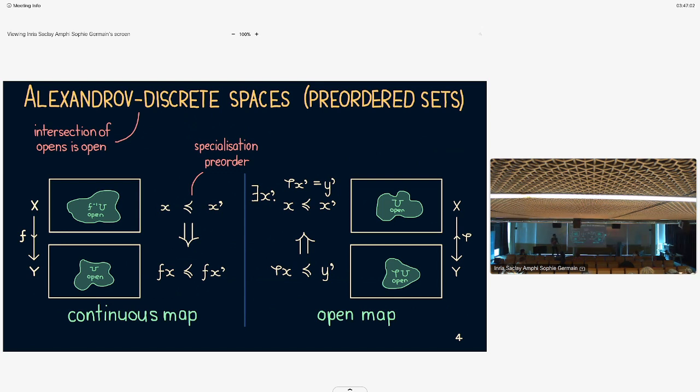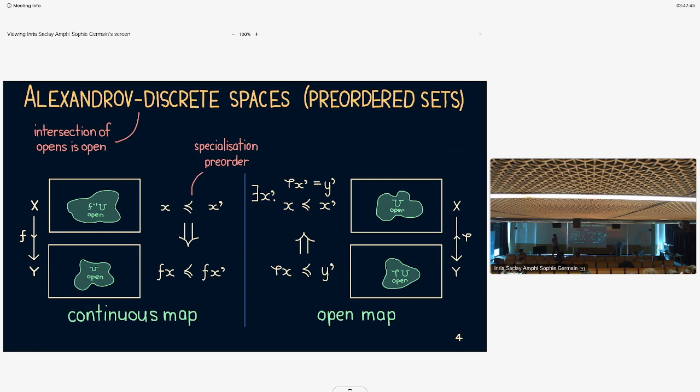Going the other way, if you have an Alexandrov discrete topological space, you can define a pre-order on that space by saying that x is less than or equal to y if the neighborhoods of y are contained in the neighborhoods of x, or something like every open set that contains x contains y. I probably haven't quite gotten that right, but if you're interested, it's not hard to look up online the correspondence between these two notions.